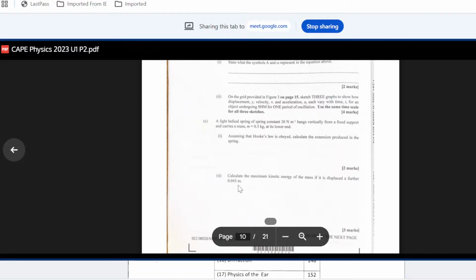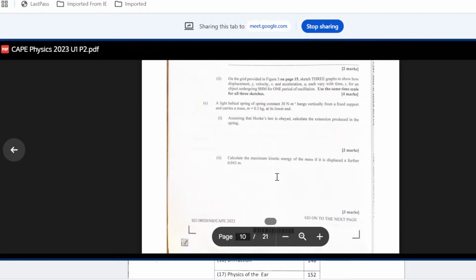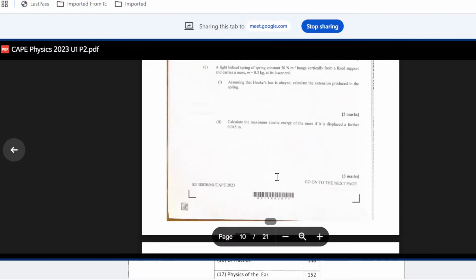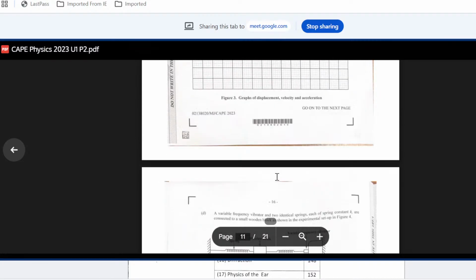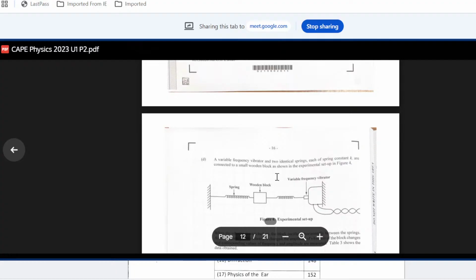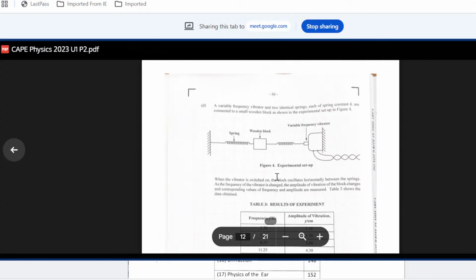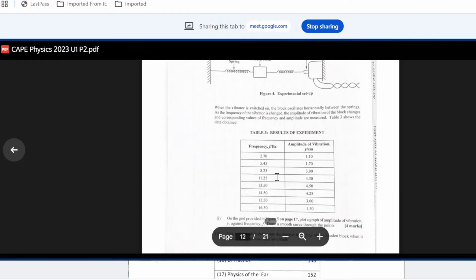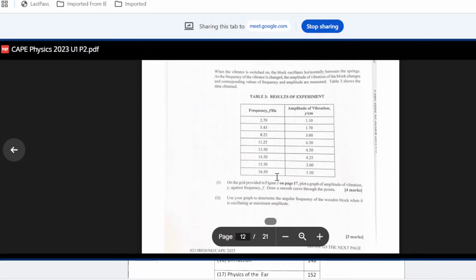But that is much simpler. So what's the answer? 0.307. Yes, 0.307. All right, this looks like another graph question.